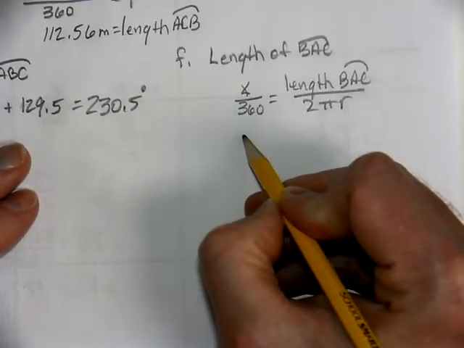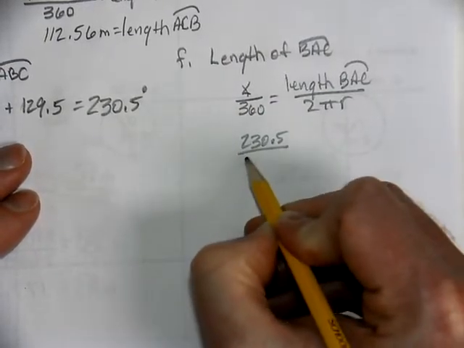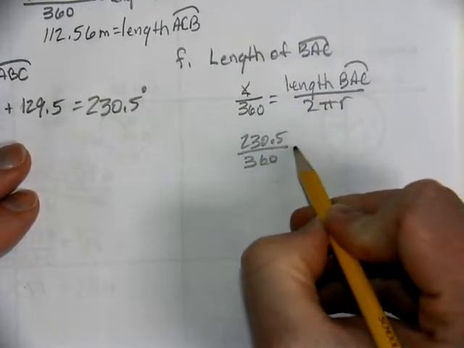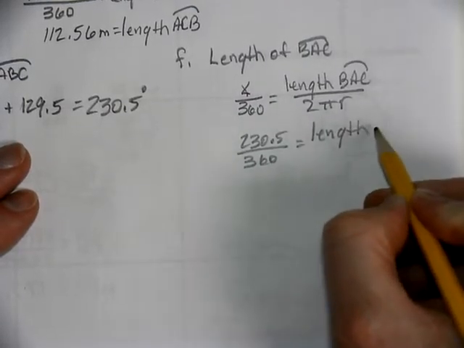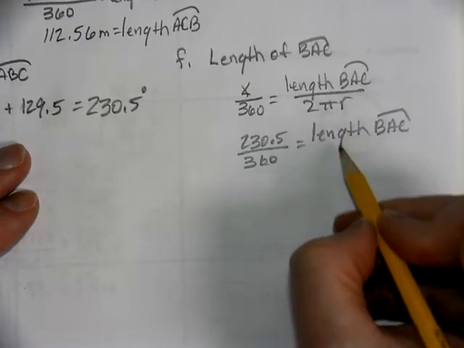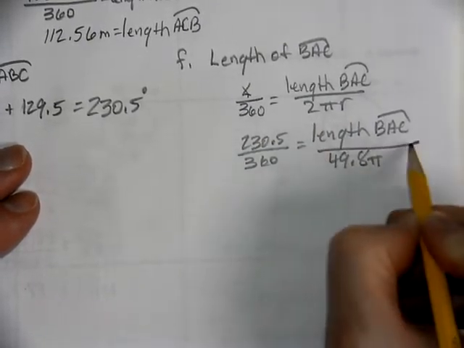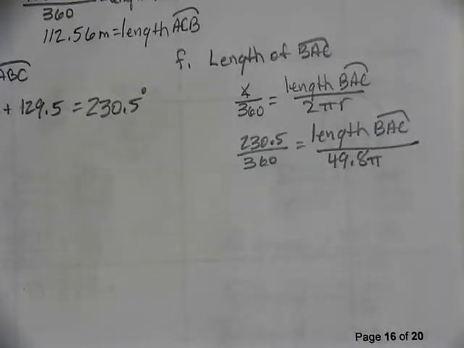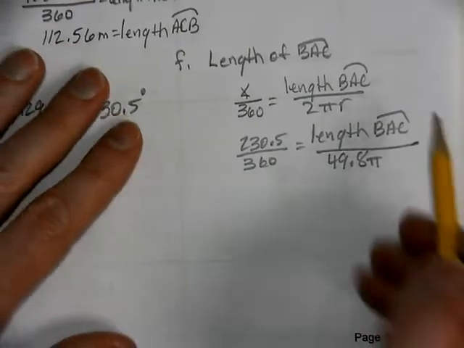We know that the arc is going to be 230.5 also. We don't know what the length is. We already know the circumference is 49.8 pi. That's 2 pi times r. We've calculated that a few times already, so I was ready for that one.